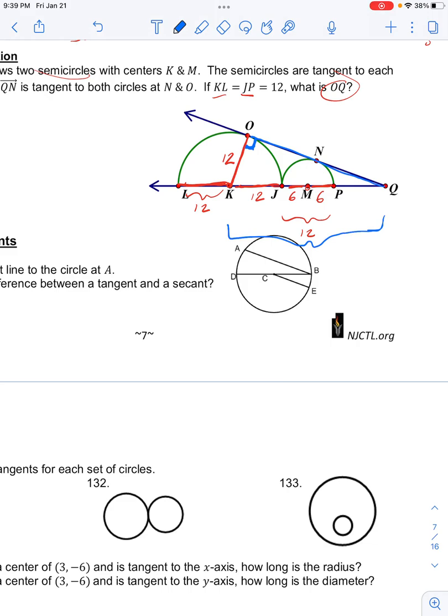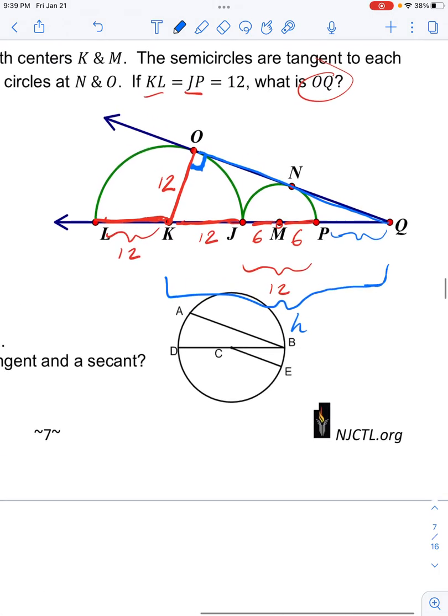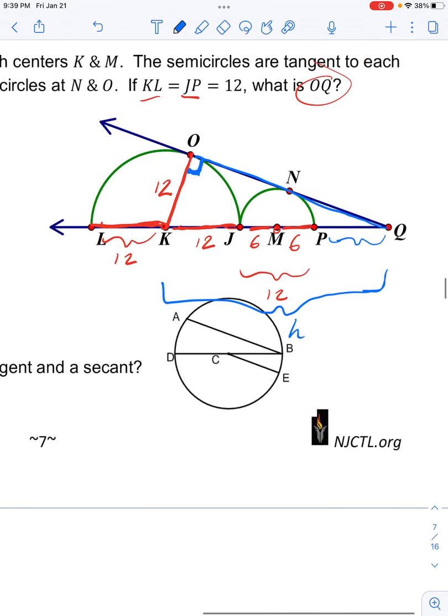So in order to solve for that side length, this hypotenuse, H, we need to find PQ here. So PQ we can solve for with a proportion, actually.